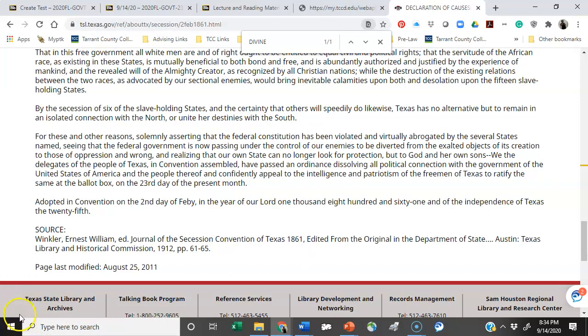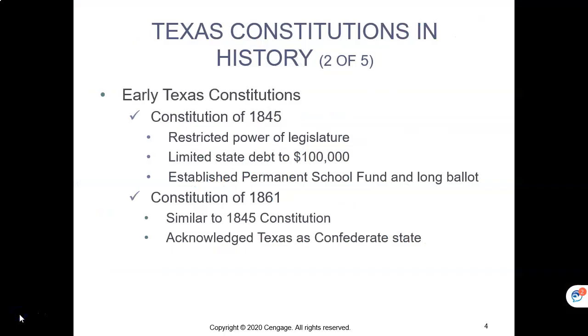So they're going to have a new constitution. They didn't change much. They really did not change much in that 1861 constitution, besides the fact that they said that they were now going to be part of the Confederacy.